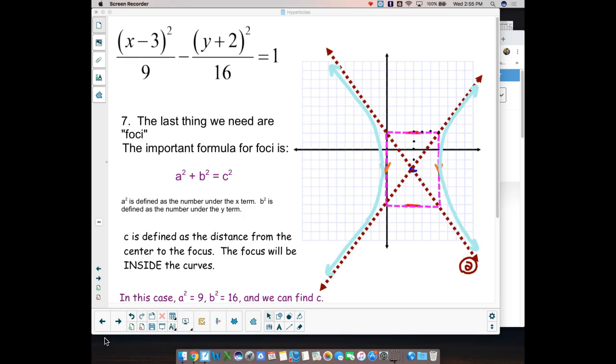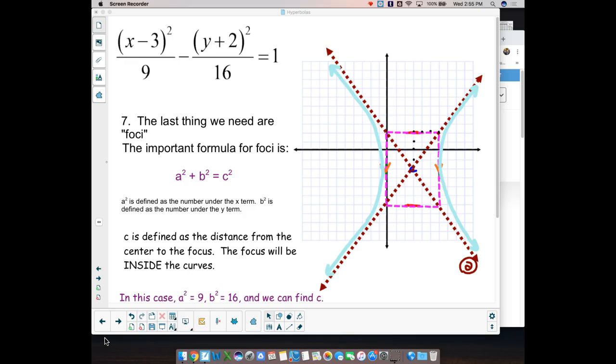B squared is the number underneath the y term. C, then, that C value is going to be the distance from the center to the focus in both directions. In this case, because it's a left-right opening hyperbola, it's going to be to the left and to the right. If it were an up-down hyperbola, it would be up and down.